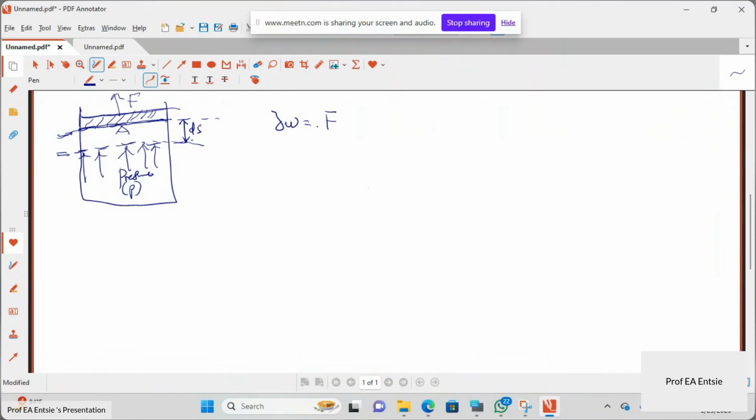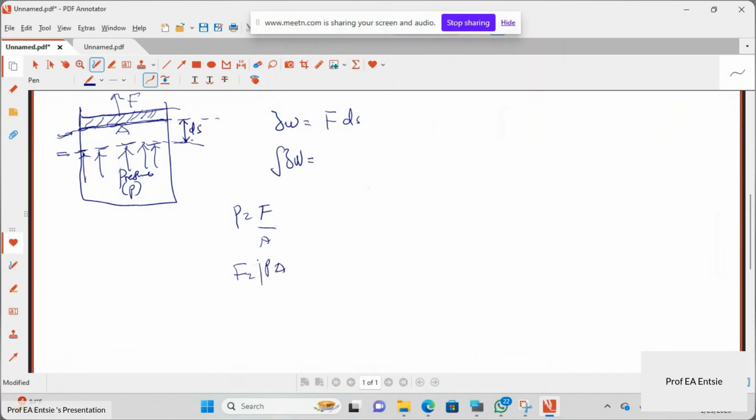This is more or less like force times distance. So if you want to find the integration of small infinitesimal work done, you know that pressure is equal to force over area. So the moment you apply a force, it means you are just pulling pressure through a certain area.